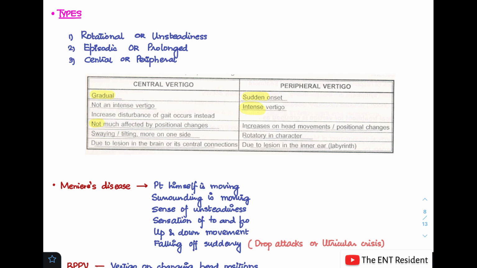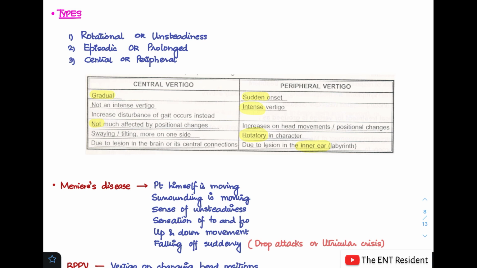In central vertigo you will see a swaying or tilting more on one side only, whereas peripheral vertigo is more rotatory in character. Central vertigo is due to a lesion in the brain or its central connections, whereas peripheral vertigo is due to a lesion in the inner ear. This is how you differentiate central versus peripheral vertigo.